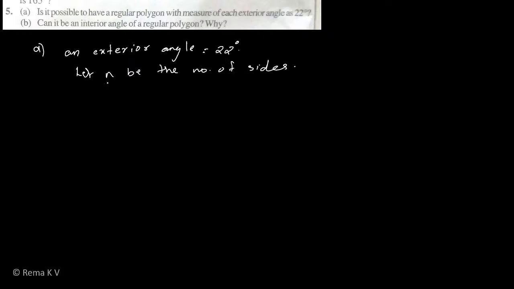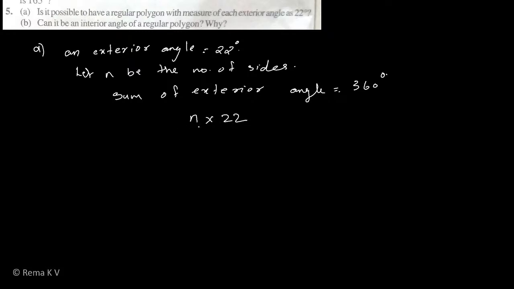So if there are n sides, how many angles? N angles must be there. And you know that sum of exterior angles is equal to 360 degree. There are n angles, each of measure 22 degree.